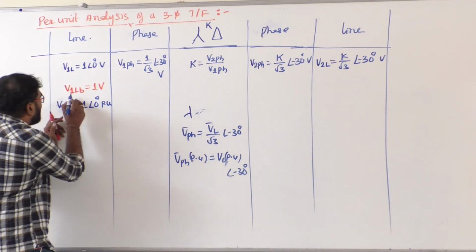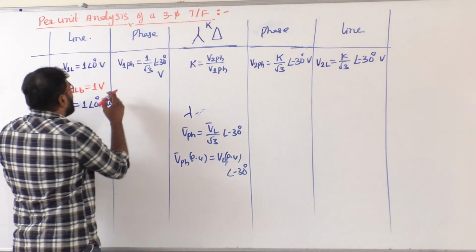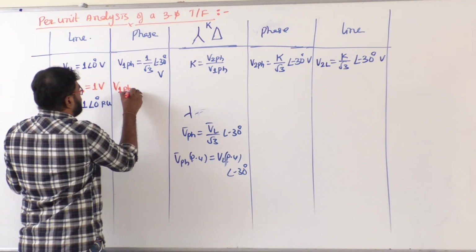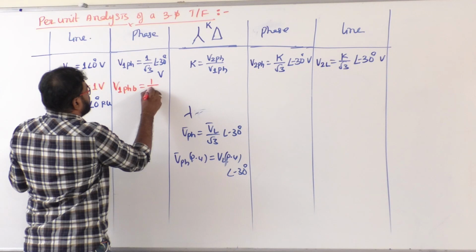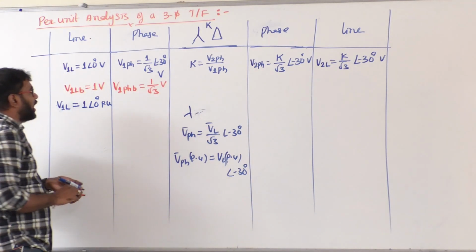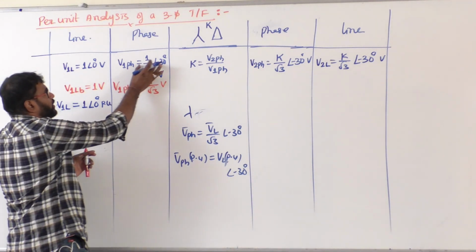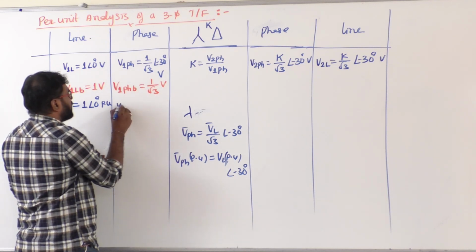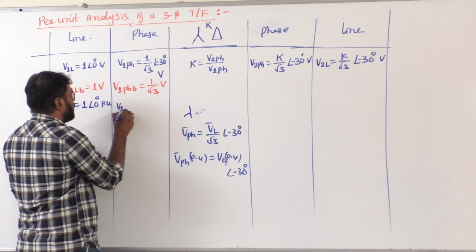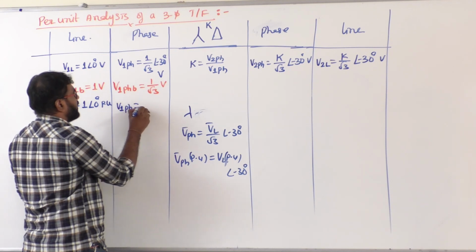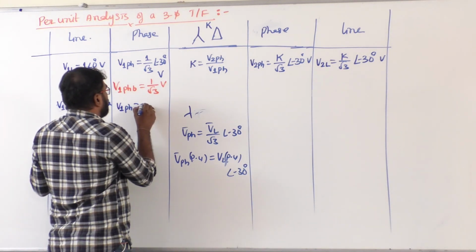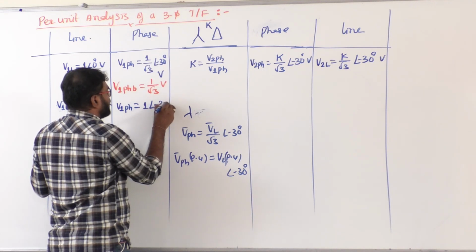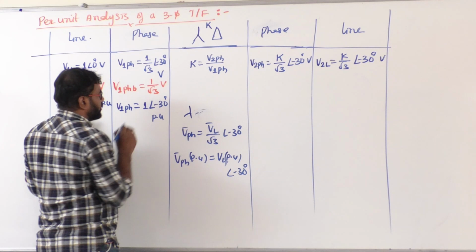So line voltage base 1 volt means the phase voltage base on the primary, V1 phase base, is 1 by root 3 volts. Yes. Now 1 by root 3 at an angle minus 30 divided by 1 by root 3, so V1 phase is 1 at an angle minus 30 degrees per unit. If you have any doubt, check, sir.